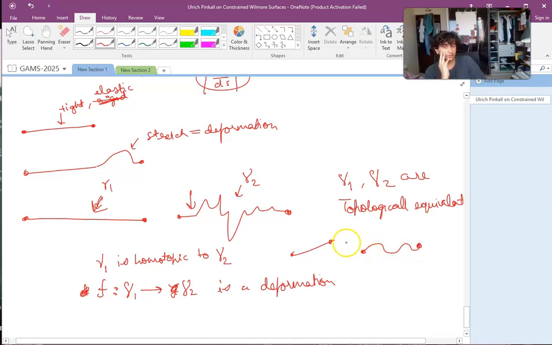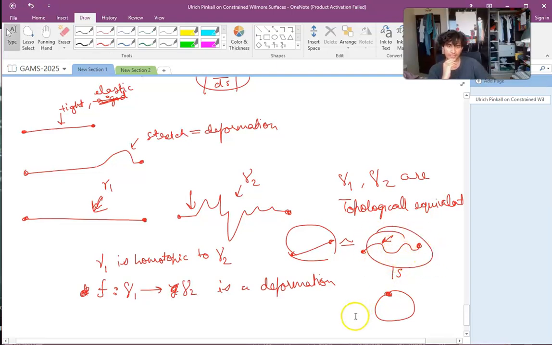Now let me give you an example of what is not homotopic. This line is not homotopic to, say, a circle. I cannot smoothly bend or deform this so that I can get a circle. However, I can smoothly deform this to get a squiggly line. So that's the idea of what a deformation is. Now we know what kind of deformations we have.